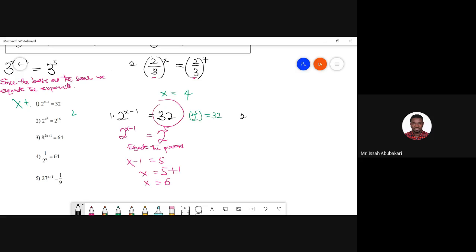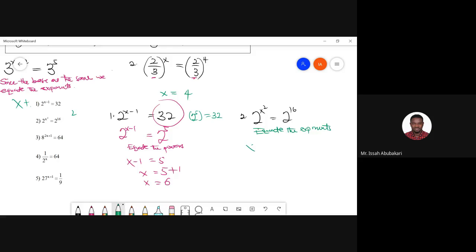Question 2 says that 2 exponent x exponent 2 is equal to 2 exponent 16. Now, since the bases are the same, let's equate the powers. Equate the powers or equate the exponents.